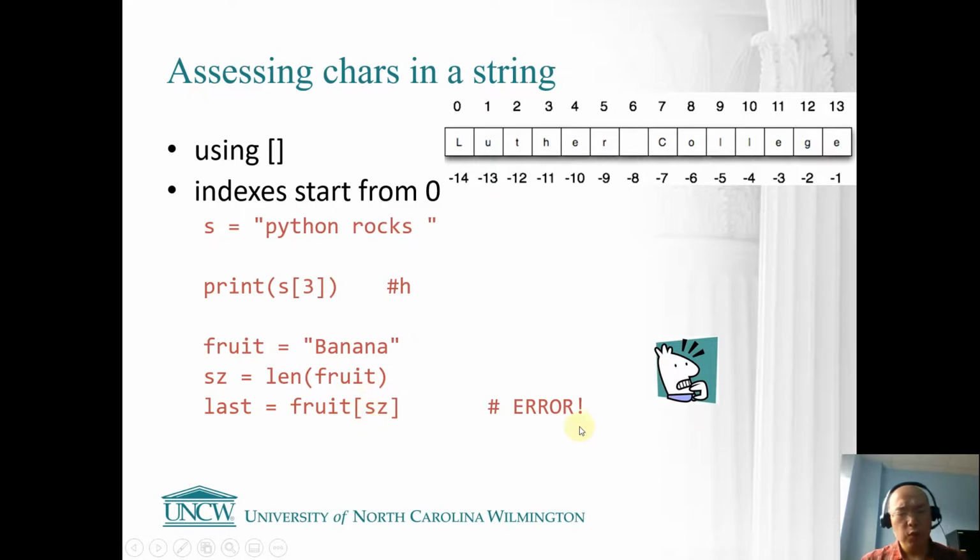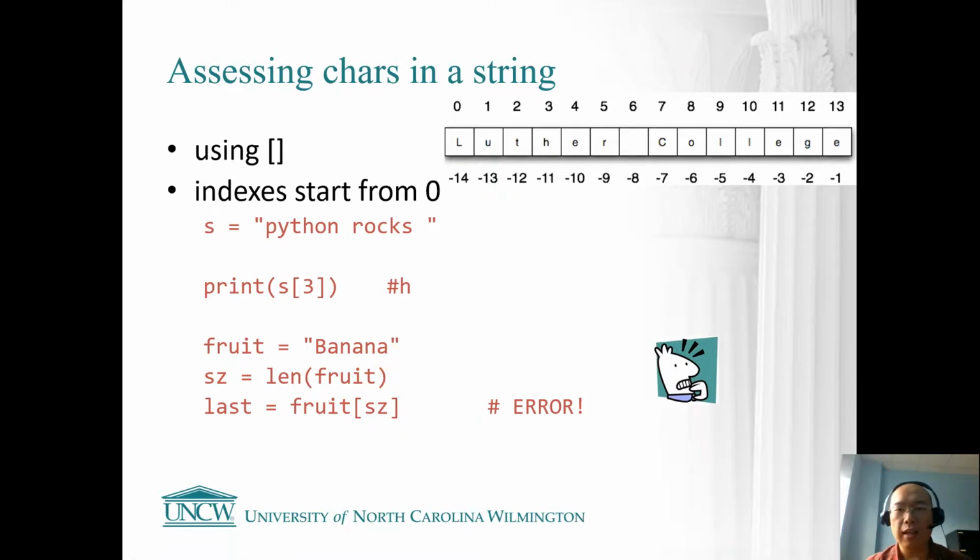You got an error. So why is it an error here? Okay, so as I said, the length of banana is 6, right? But let's count the indexes: index 0, index 1, index 2, index 3, index 4, index 5. That's a problem. Do you see that?